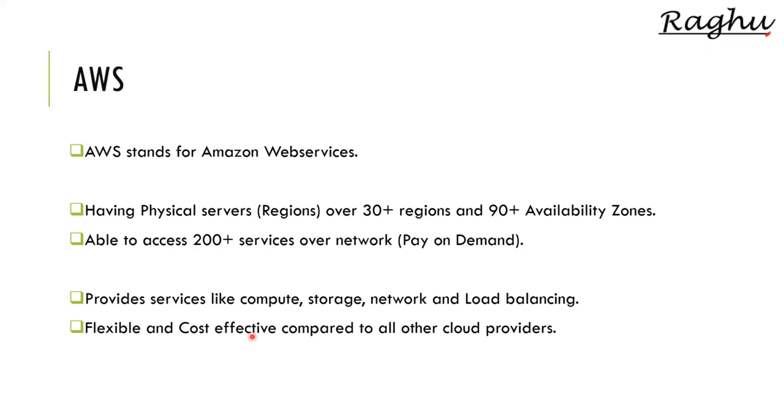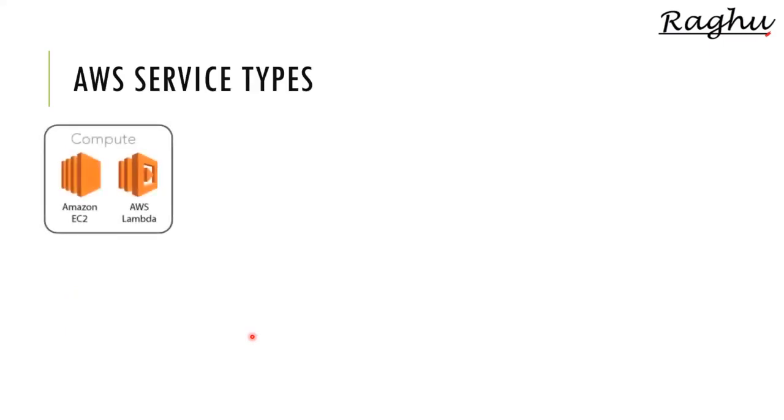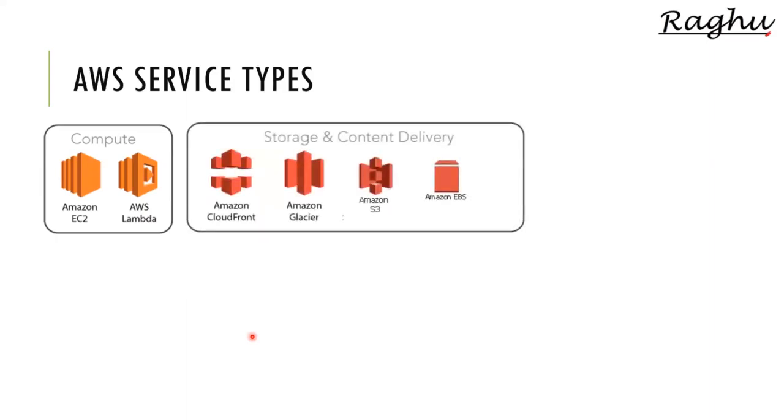So what are the different types of services we have? We have computing: Amazon EC2 and AWS Lambda. You may not understand these right now; we will discuss them in the next sessions, in order, over the next 2 months. Storage and content delivery is the second category.